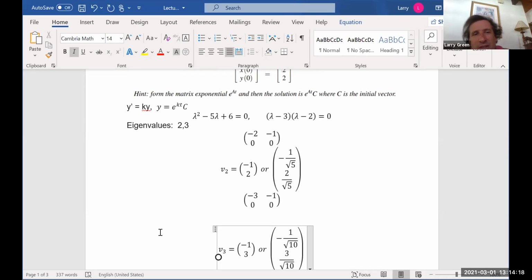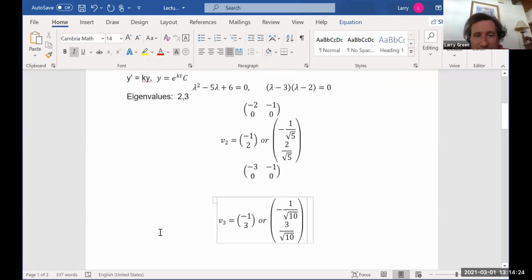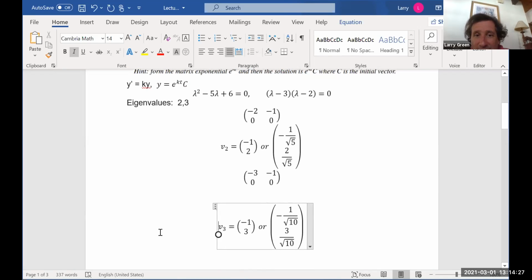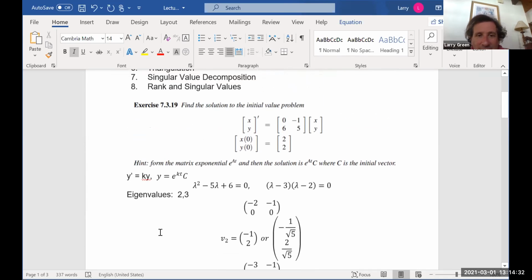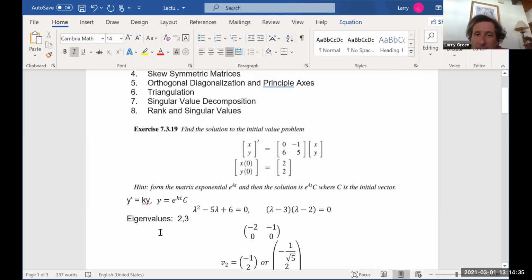So I figured I'd go through this. What do you notice? Let's go to the original. Can anyone tell me? There's a theorem we had last time. Okay, you only get orthogonal eigenvectors when you have symmetric matrices.